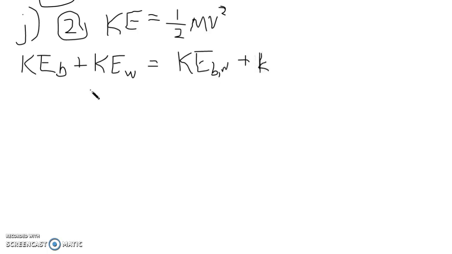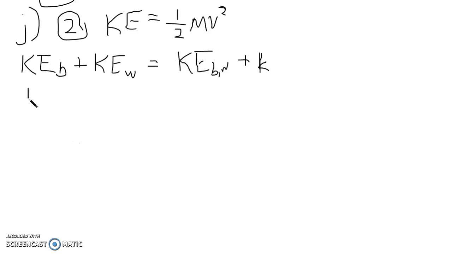This K represents the difference between these two systems. Like if you subtracted this amount here from both sides, you'd get the energy from system 1 minus the energy of system 2, because this is one system.